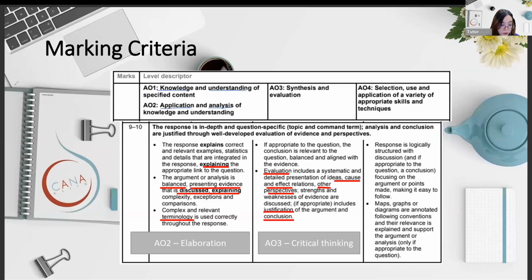For AO1, the key thing is the width and depth of your understanding.